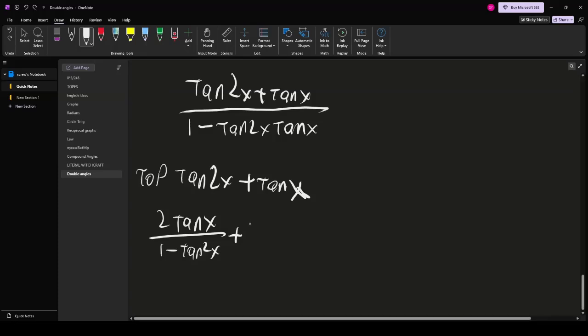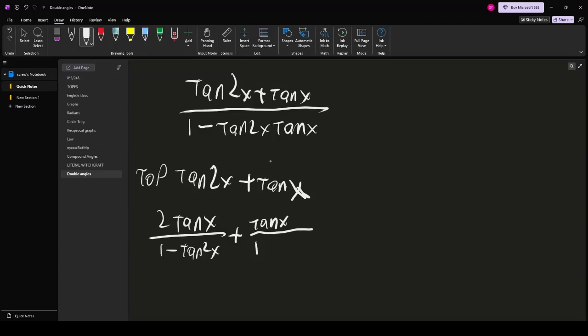So now this is just an addition question. So we're just going to make an equivalent fraction for tan x by multiplying the numerator and denominator by 1 minus tan squared x, right?